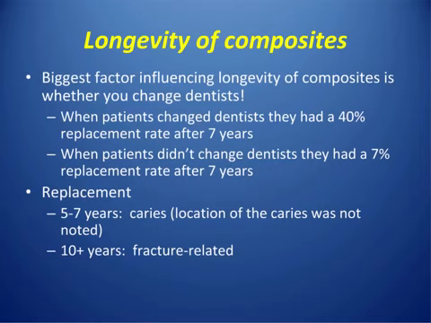If you look at the last bullet points, when we talk about replacement of materials, if a restoration was replaced within 5 to 7 years after placement, the most common reason for replacement was caries. If the restoration made it 10 plus years, mostly the failures at that point are fracture-related, which can start to speak to the material itself.